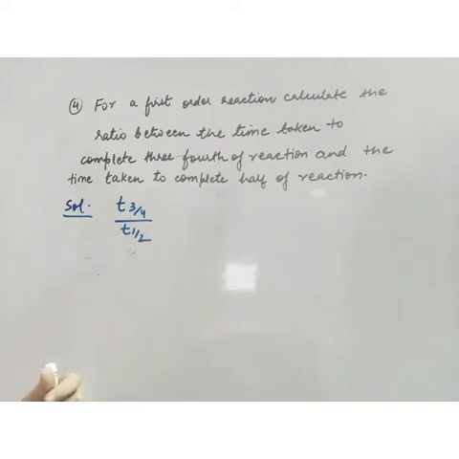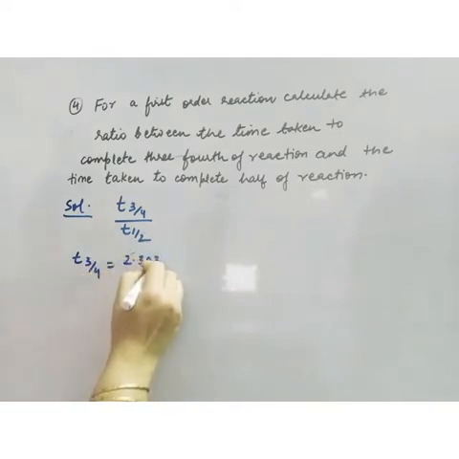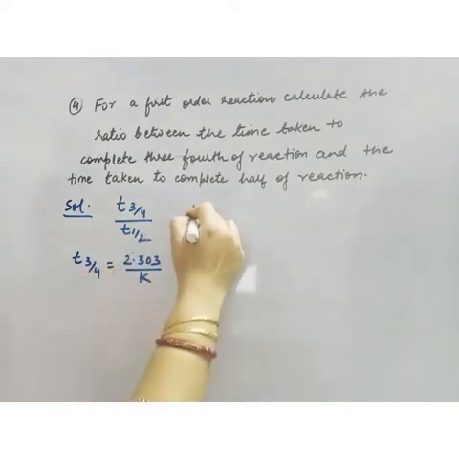The reaction is 3/4 complete. Okay, so if completion part is 3/4, how much is remaining? That we find out, that is 1 by 4. So what is T3 by 4? So I will use this expression.